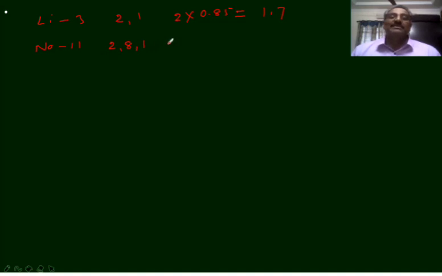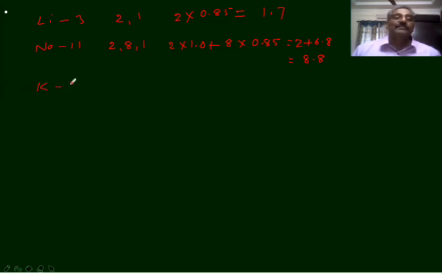So the screening constant of sodium will be 2 into 1.0 plus the electrons present in the penultimate shell cause 0.85, that is 8 into 0.85, that is equal to 2 plus 6.8, that is equal to 8.8. So the screening constant of sodium is 8.8.